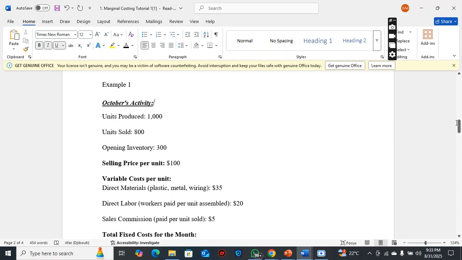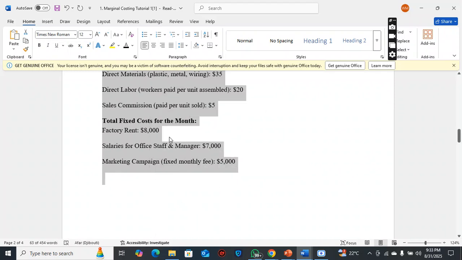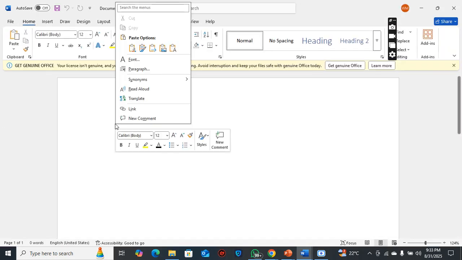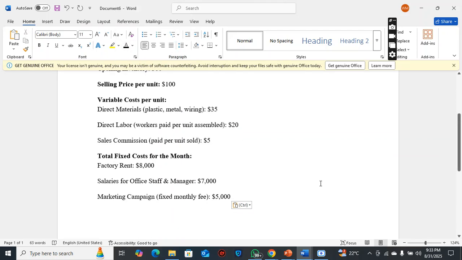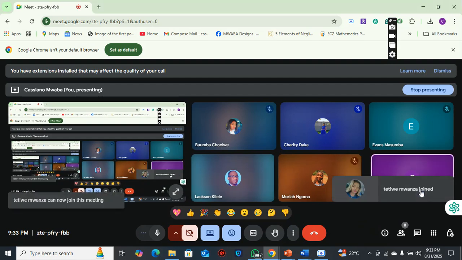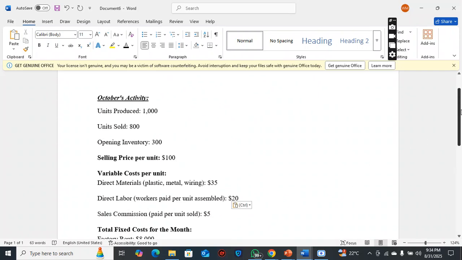So let me take this here. I already have the solution there, but it's better if I just start solving it from scratch so that we understand everything. First things first, we need to find out what is the marginal cost for each unit, the total marginal cost for each unit.